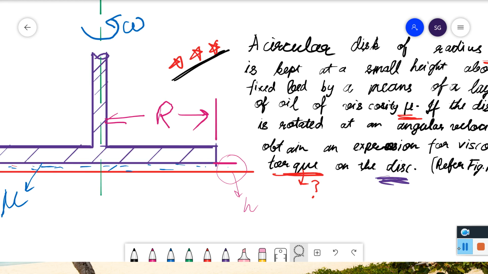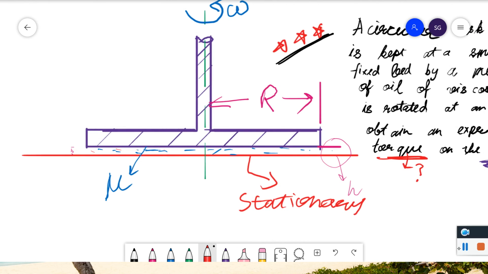This is stationary. It is basically a bed. So first of all, to find the expression of torque, we need to focus on two things. We will write what is given in the question. We have the velocity omega.